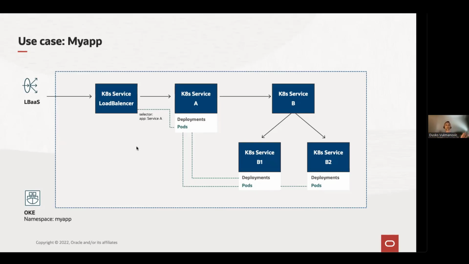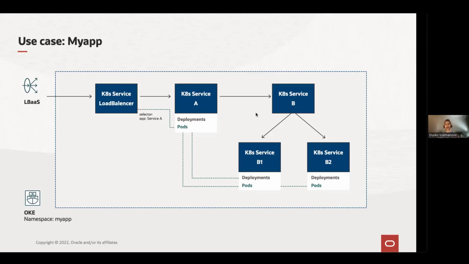So this is a super simple application, Service A and Service B, and it's exposed using a Kubernetes load balancer. In the cloud, when you use a cloud vendor like OCI and create a Kubernetes service of type load balancer, it will create an external load balancer for you. So this is how your customer will access your application. When you deploy your application using pure Kubernetes, you are already using Kubernetes abstractions like services.